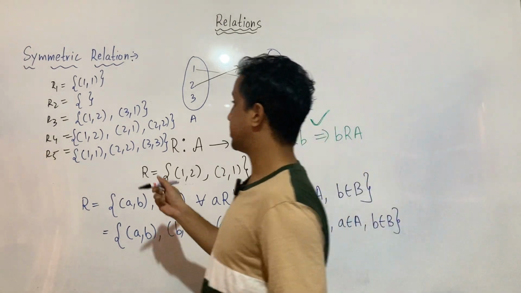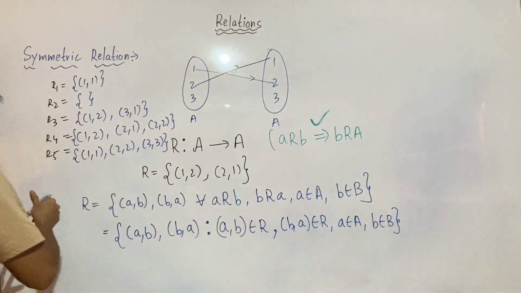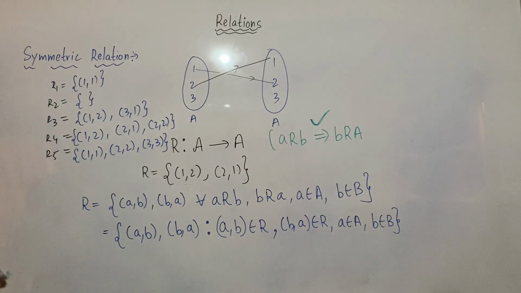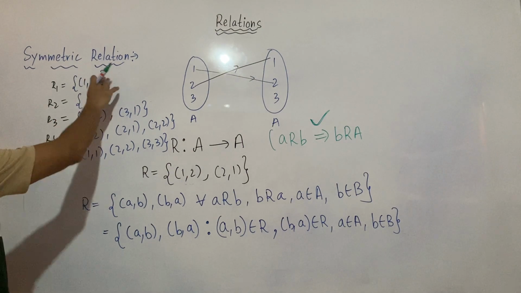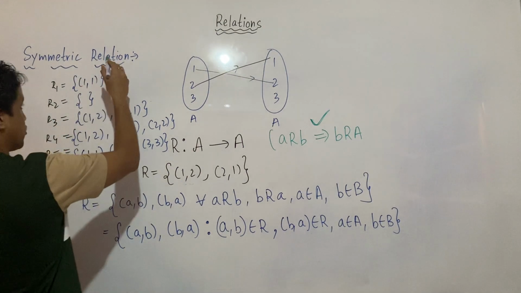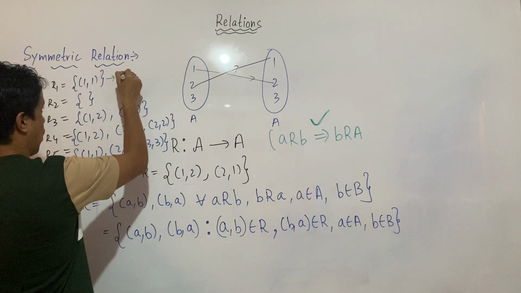Okay, let's start with R1. Relation R1, ordered pair (1, 1). What do you think? Is it symmetric? Yes or no? This relation is symmetric. Yes. Why?